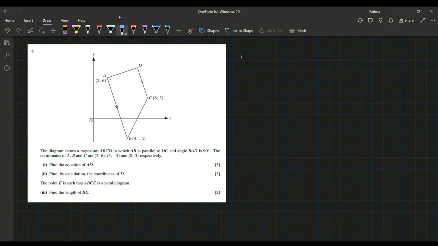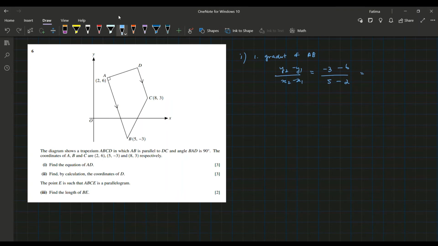So for question number 1, the first thing we'll do is find the gradient of AB. That would be y2 minus y1 upon x2 minus x1. So y2 over here is -3 because B is the latter point, minus 6 upon 5 minus 2.